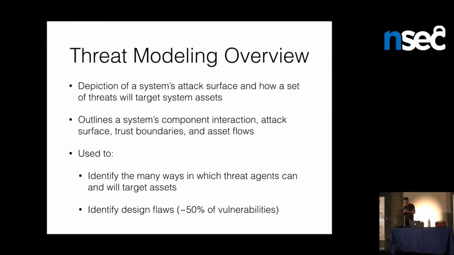A threat model identifies functional and logical components of a system and how those things fit together, and trust boundaries around those components, a trust boundary being a system boundary or a network boundary. We want to use threat modeling as a way to identify all of the various mechanisms that a threat agent can use to target a set of critical assets. And it's mostly focused on identifying design flaws.